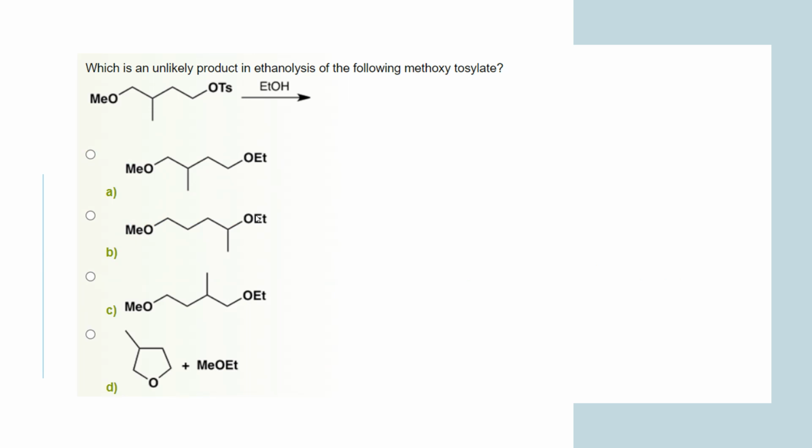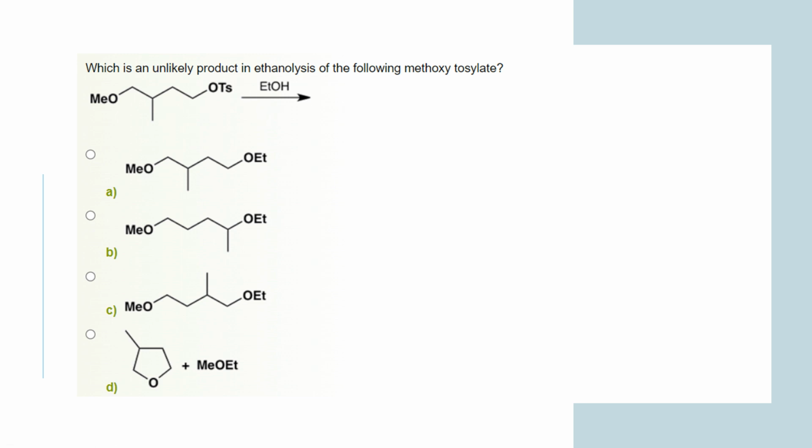Then let us move to this interesting question. Which is an unlikely product in the ethanolysis of the following methoxytosylate? So you have this methoxytosylate given, and we are treating it with ethanol.